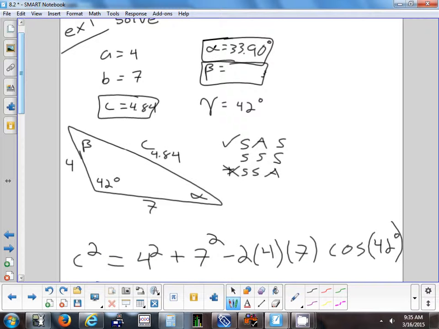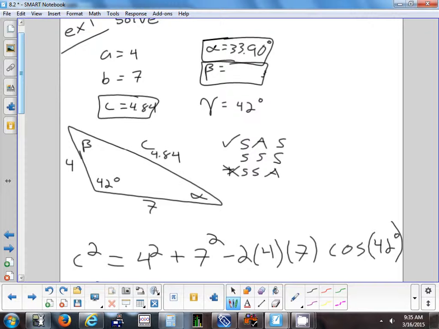You don't have to worry about the second solution, because the only other quadrant where cosine comes out to a positive angle, you'd never have a negative angle in a triangle, would be quadrant 4. All the angles in quadrant 4 are way too big to fit in a triangle. They're all between 270 and 360. So there's no way you could have a second answer in that quadrant. All right, so you don't have to worry about it.